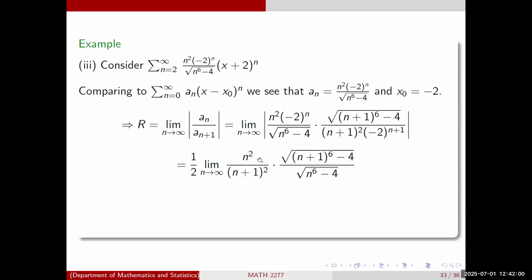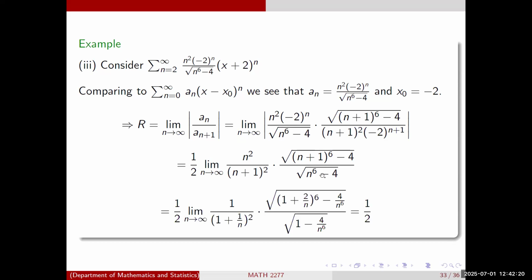So I trust you all know how to do these limits. So this first term, you could divide through every term by n squared. This second term with the square root, the highest power inside the square root is n to the 6, right? So divide through every term inside the square root by n to the 6.